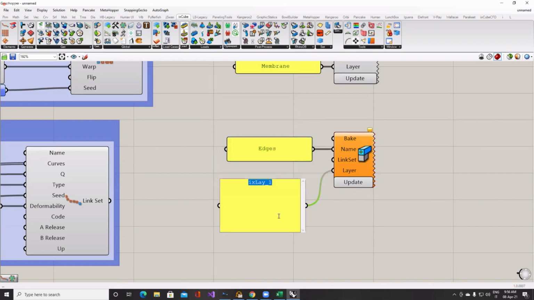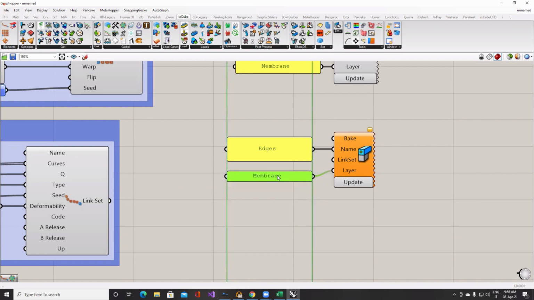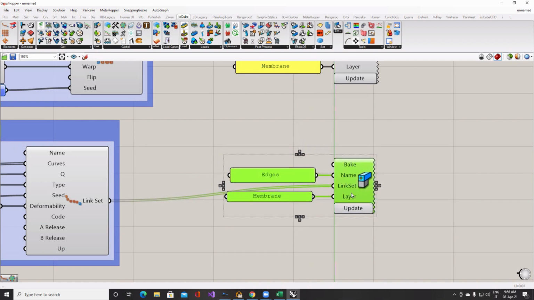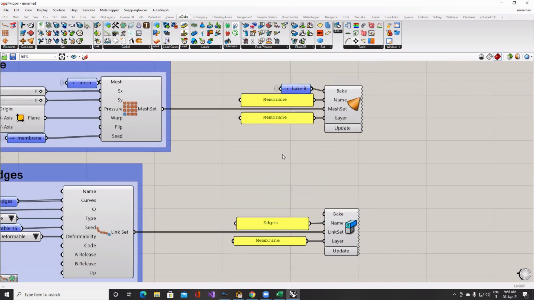And I will put them in the membrane layer, like that. And it just wants a link set. So here it is. And I will get the baker. That's it.